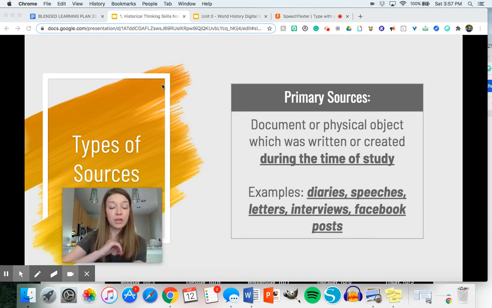You could also think of this like a first-hand account, made or created by someone who was there. Examples of this would be a diary entry, a speech. This video that I'm giving you, you could think of as a primary source. A letter written by someone, an interview, even social media posts would be primary sources because they are made during 2020. And if historians went back and looked, that would be a primary source.